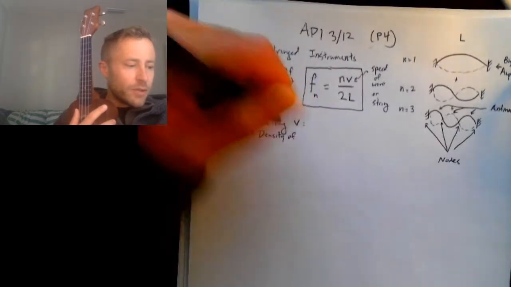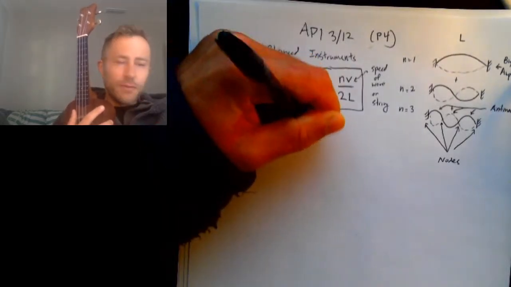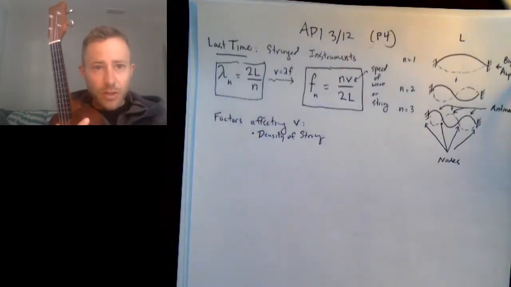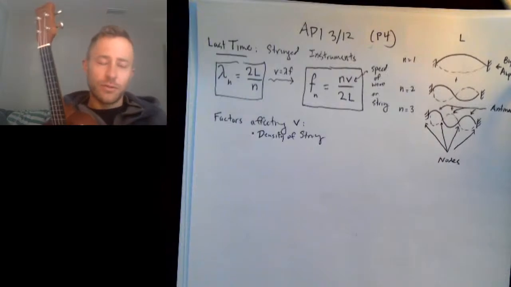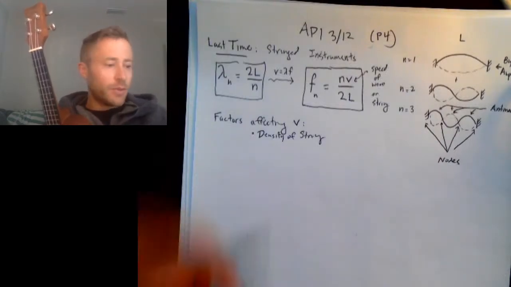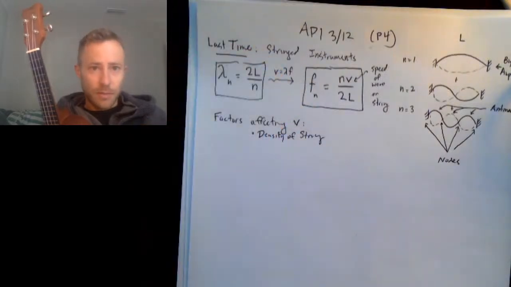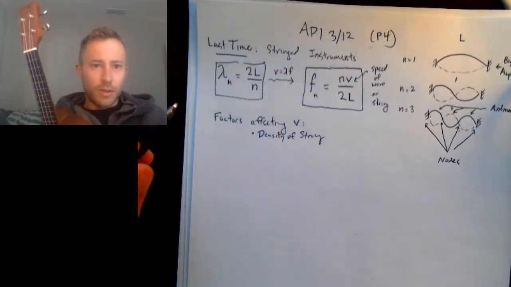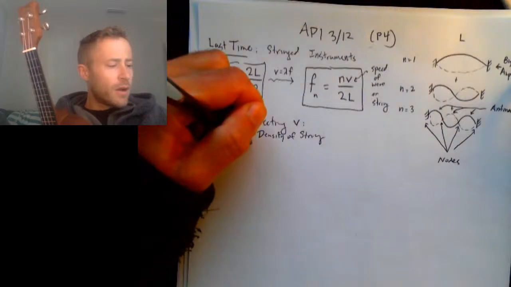You can have strings made out of steel, you can have strings made out of nylon, you can have strings that are thick, you can have strings that are thin. All those things are going to affect the wave speed and hence the frequencies that that particular note can play.